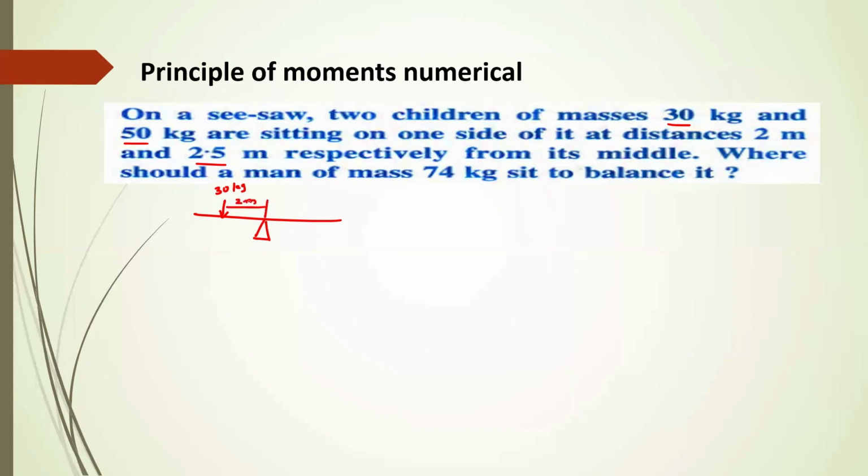So this mass is acting at 2 meters and then 50 kilogram at 2.5 meters. Now we need to find a position wherein a weight of, let's say, 74 kilogram will be acting to balance these two weights, but I don't know this distance, so I mark it as X here.